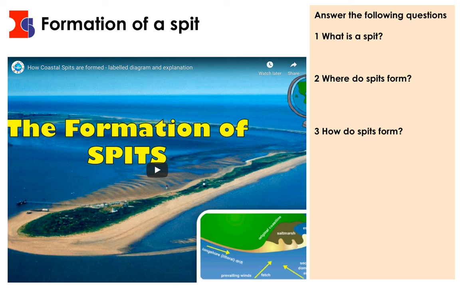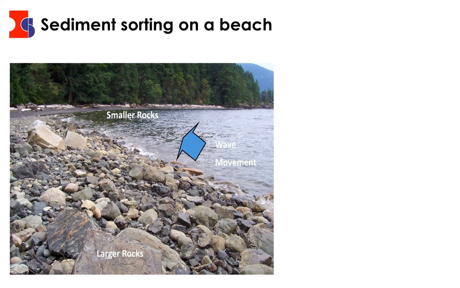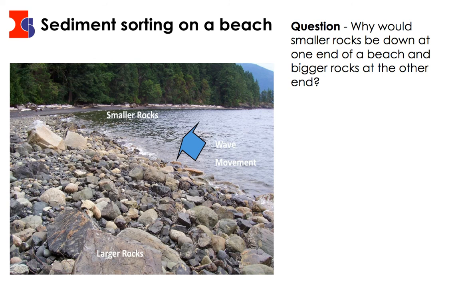Again, there is a video on the left-hand side. I want you then to answer these three questions that relate to this formation. We'll go through these next lesson to make sure that we all understand. I then want you to have a look at this beach here.